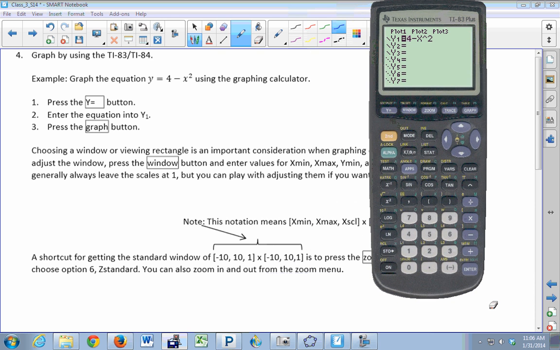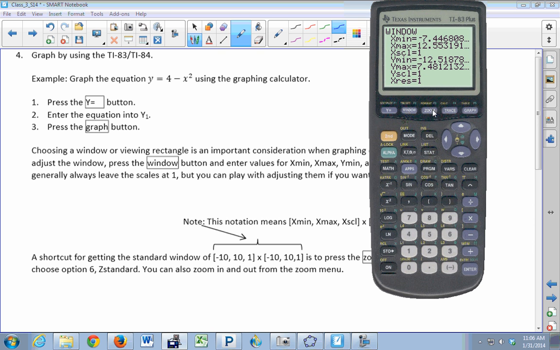You hit your y equals button, and you can see I already have this equation in there: 4 take away x with the little caret square. So I put that into the Y1 button. Now to graph this, you want to tell it what window you want to graph it on. Your standard window is zoom.